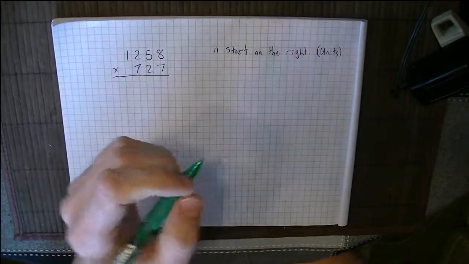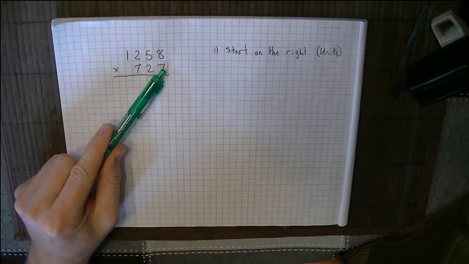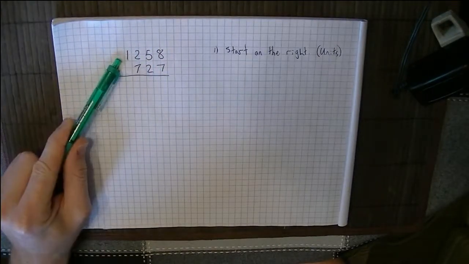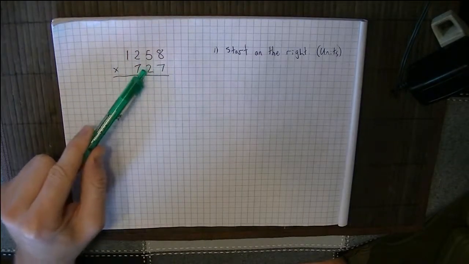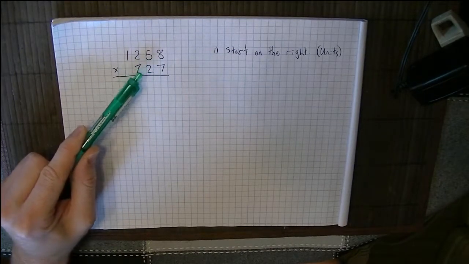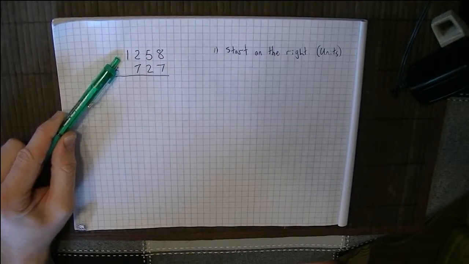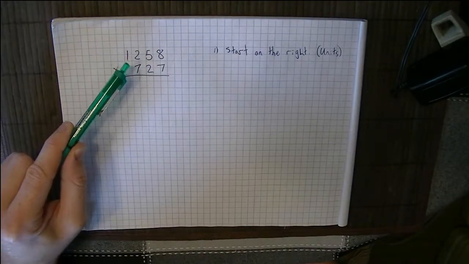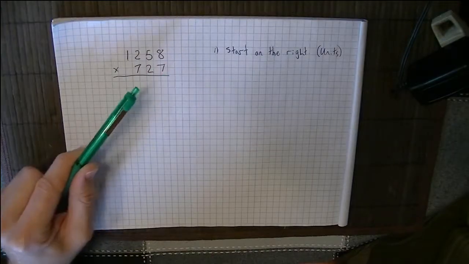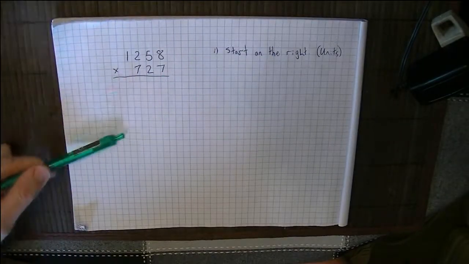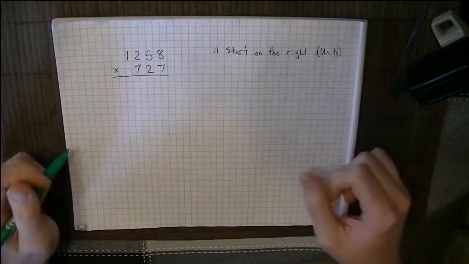And what we're going to do is take our units, so the 7, and multiply it by the upper number. And then we're going to take the tens column, which is going to be 20, right? This 2 represents 20, and multiply it by the upper number. And then we're going to take the hundreds column, so 700, and multiply it by this upper number, and write all those down, and then add them all together, and that will be our solution.